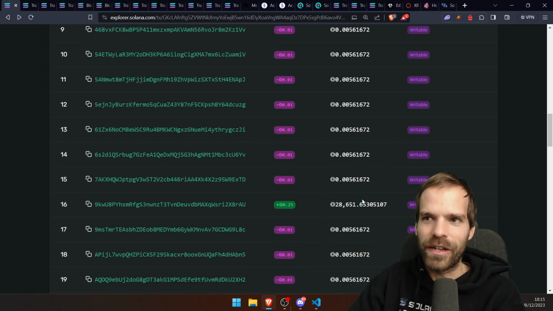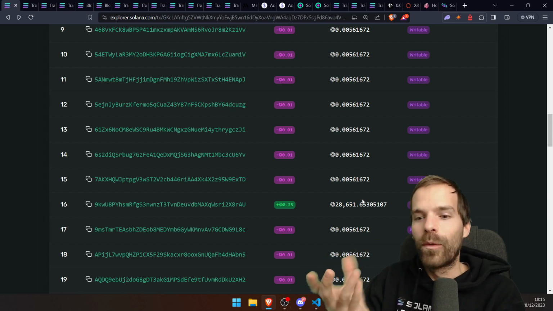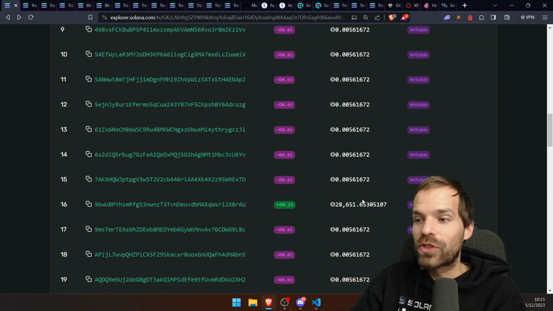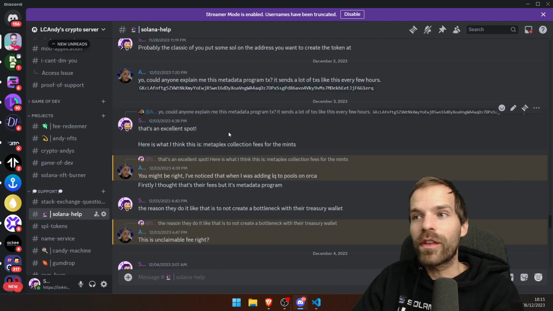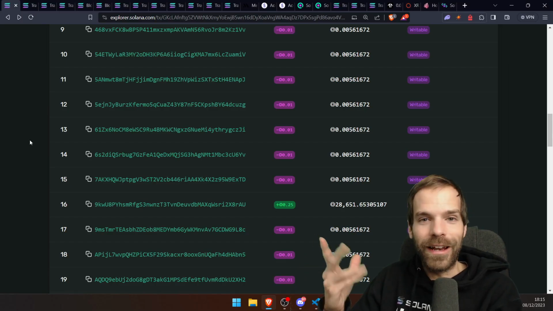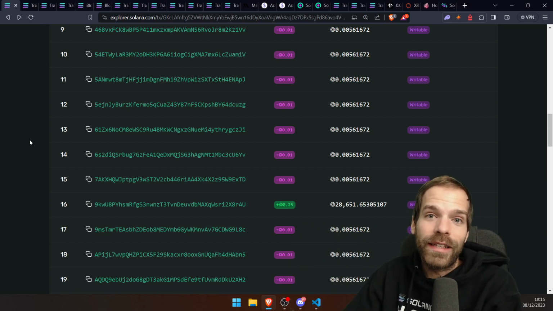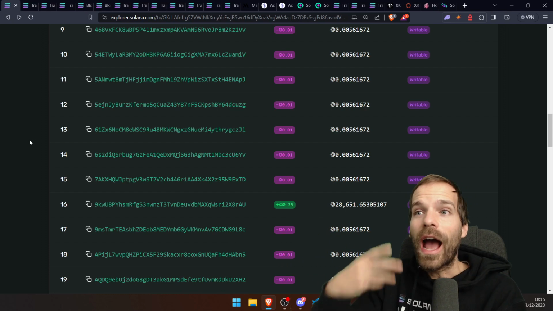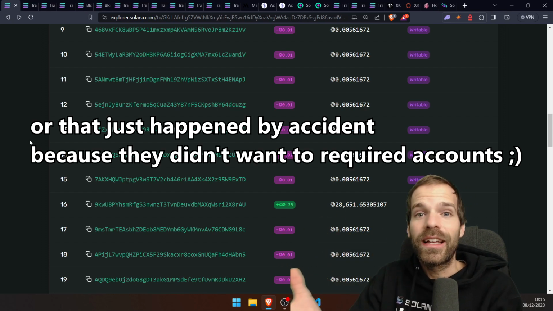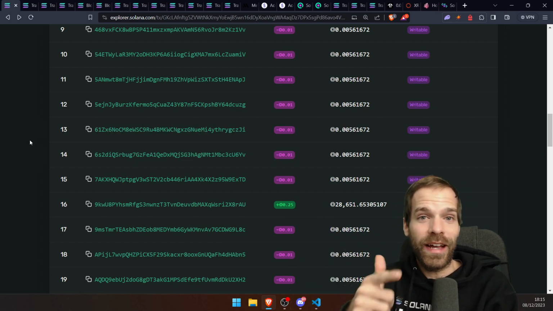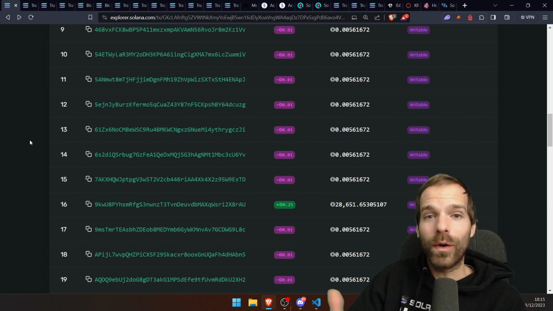This is what's happening here, and this is why we see transactions like that. So thank you for pointing that out, such that I had to look at that and analyze it myself. And I wanted to share the findings with you because I think that's quite a nice thing to know about, how Metaplex designed it, such that if you design something similar, you know how it's done properly.